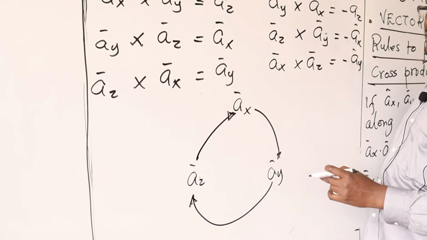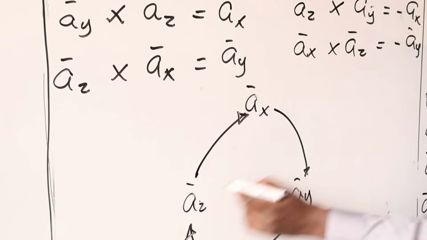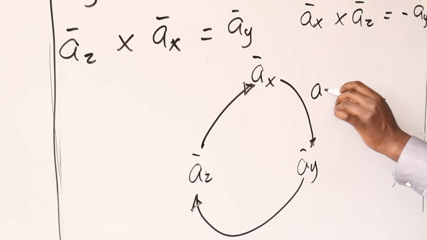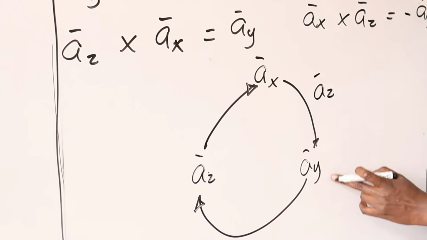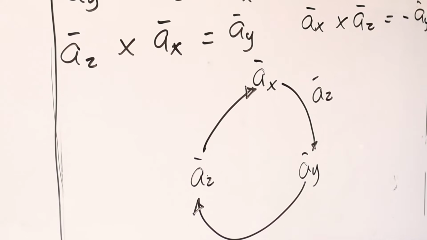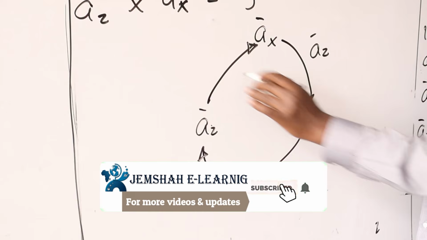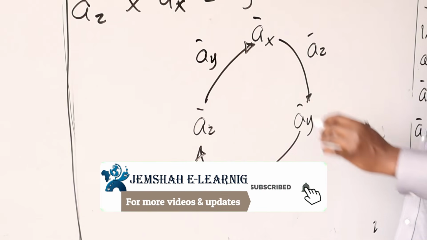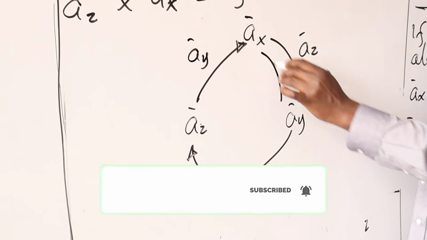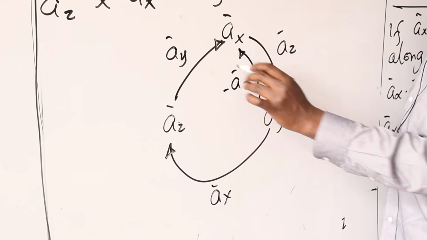So AX cross AY gives AZ, AY cross AZ gives AX, and AZ cross AX gives us AY.